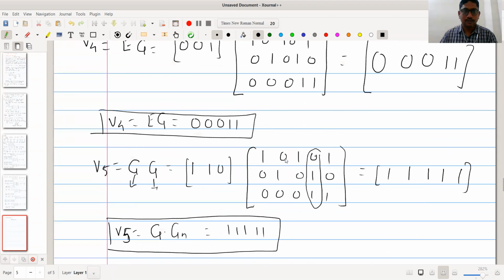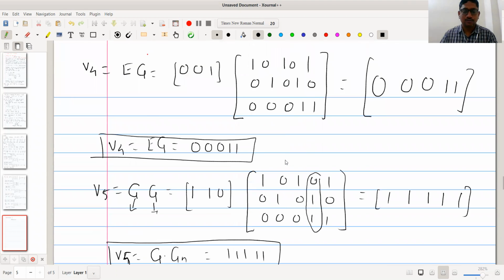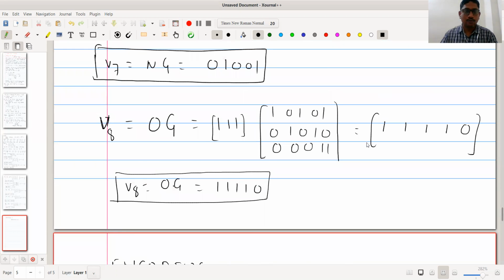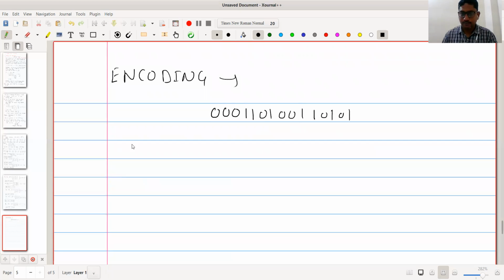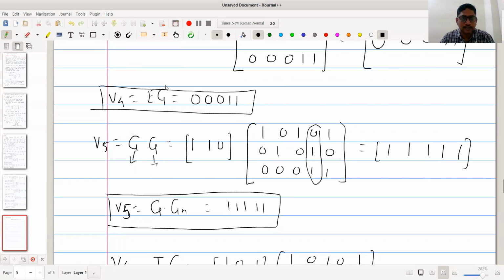For C, it is 10101. For O, O will be the last, this is for O, you are writing in place of this. Now for D, it is the third, V3 actually.